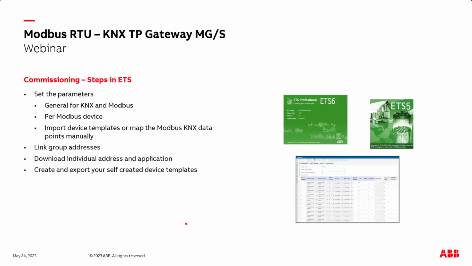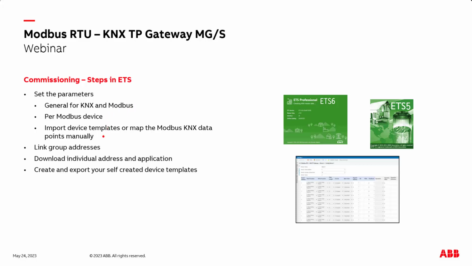Then we start in the ETS like always. We add the device from the catalog into our project. We first set the general parameters for KNX, like for example, we can activate the in-operation telegram. Then we set the parameters for Modbus, and then the parameters per Modbus device, per Modbus server.